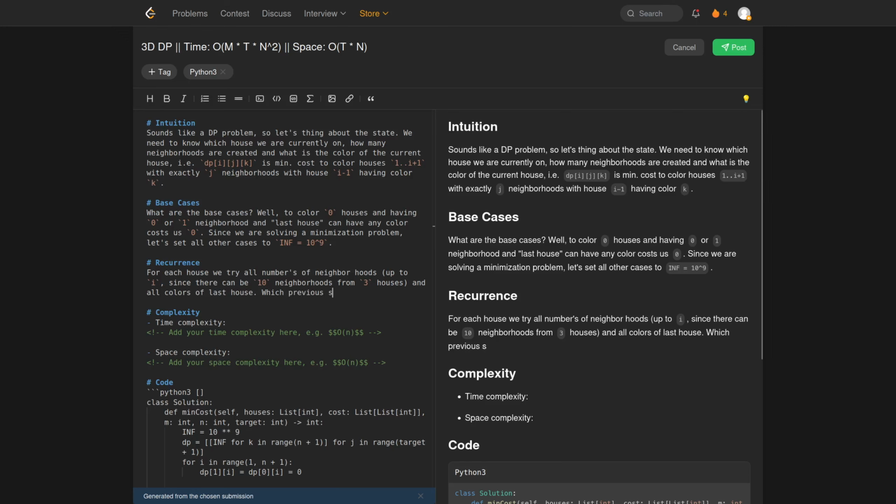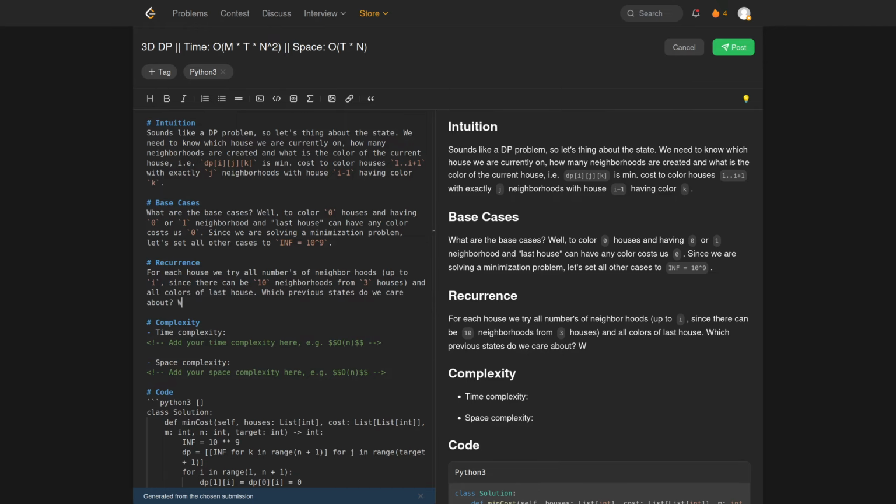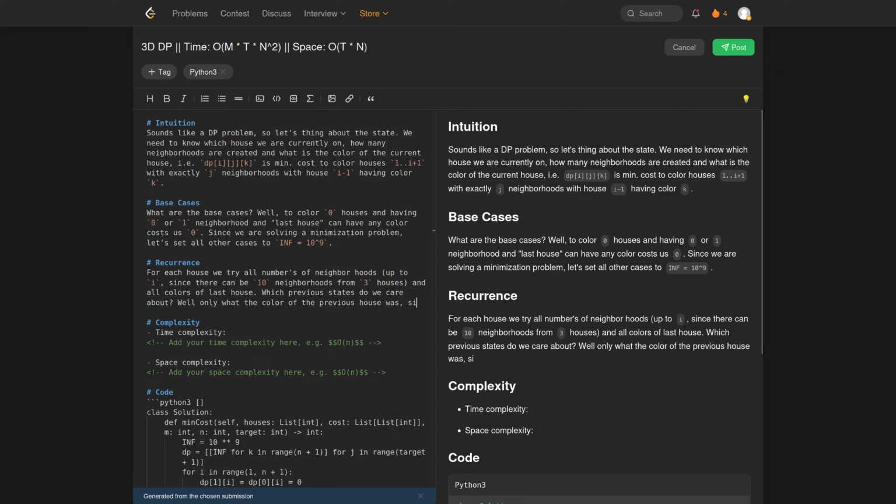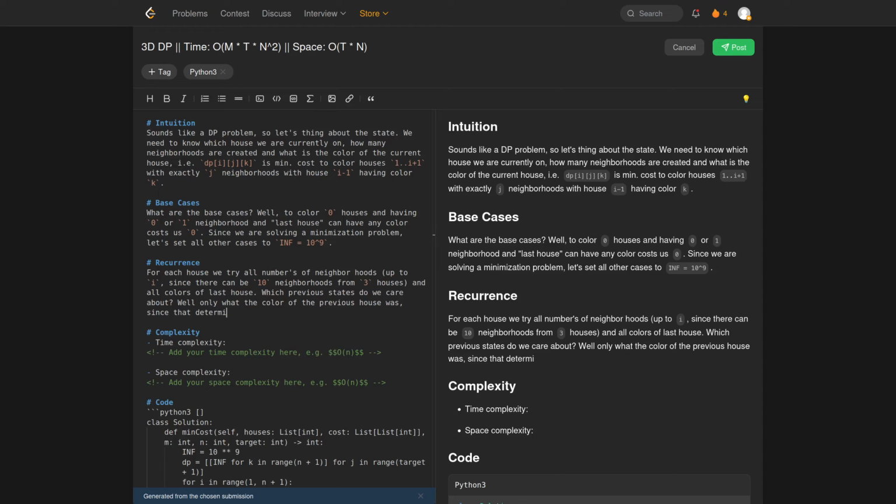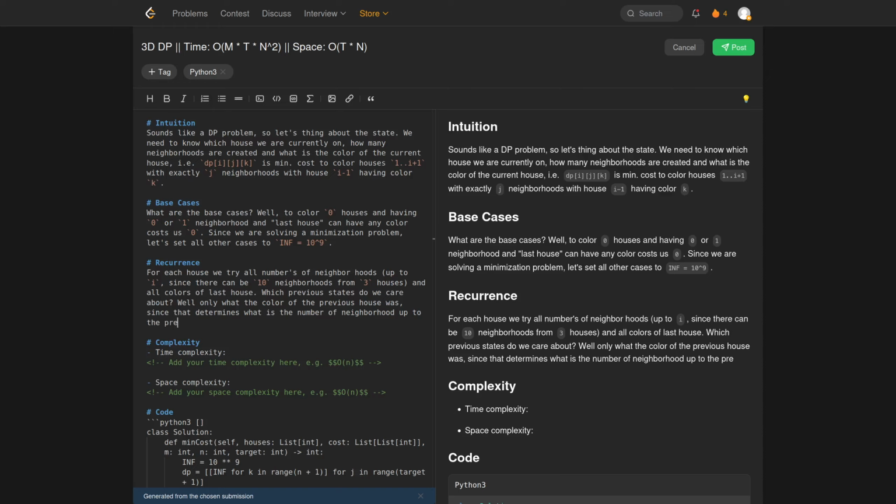Which previous states do we care about? Well, only what the color of the previous house was, since that determines what is the number of neighborhoods up to the previous house.